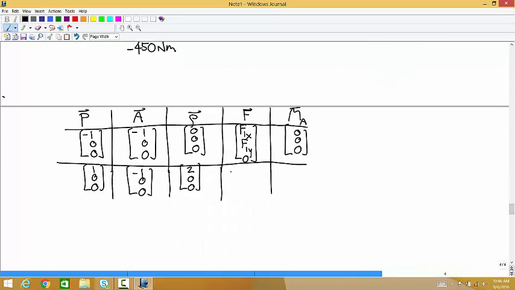So I'm just going to write that as -0.866 F2, +0.5 F2, and then 0 z. The cross product is 0, 0, F2.